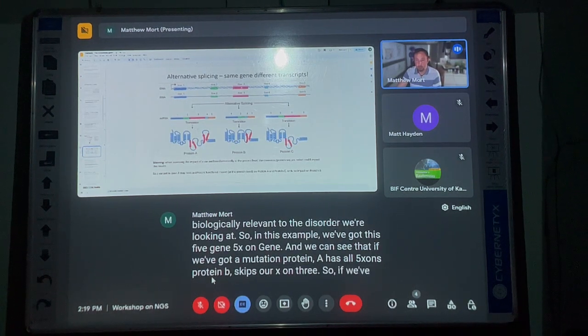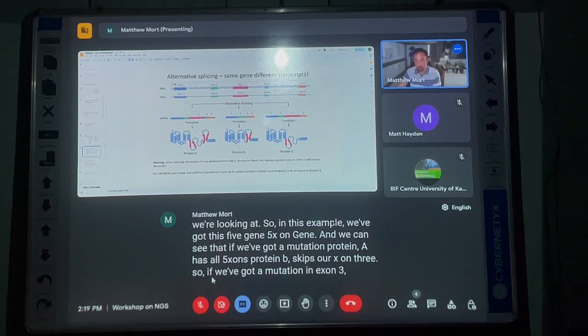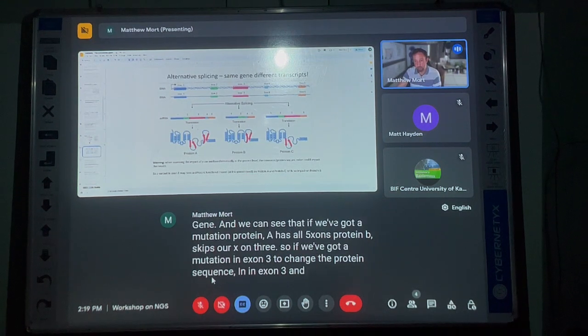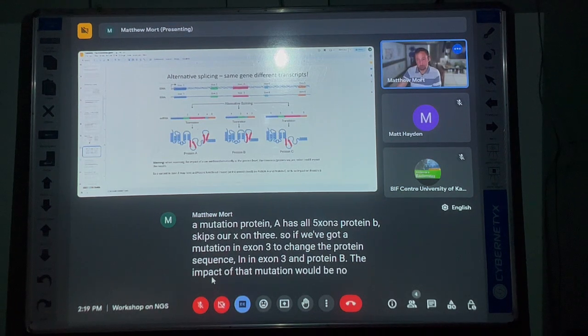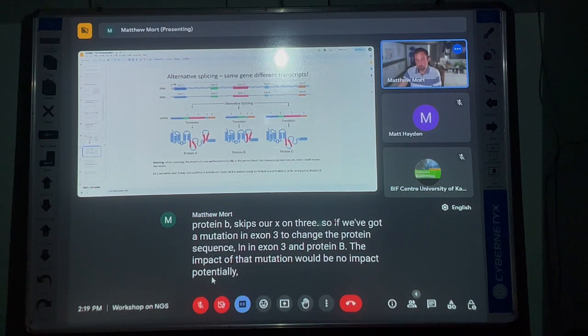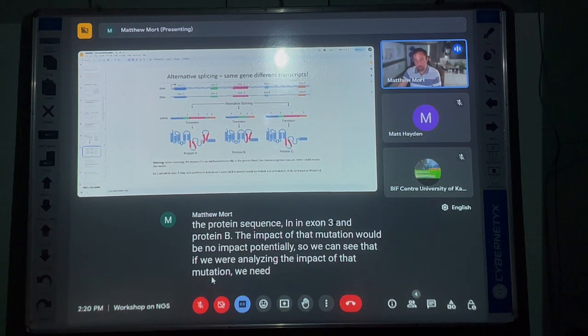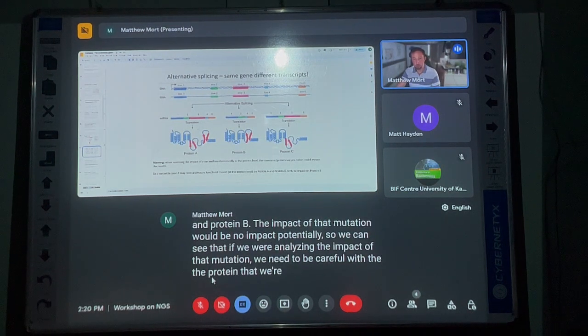So if we've got a mutation in exon 3 that changes the protein sequence in protein A, the impact of that mutation in protein B would potentially be no impact. So if we were analysing the impact of that mutation, we need to be careful with the protein that we're using to annotate it against.